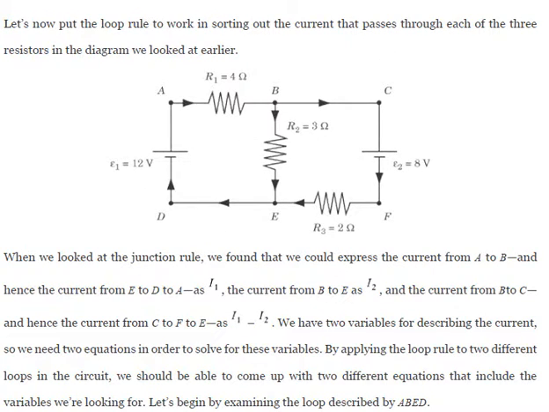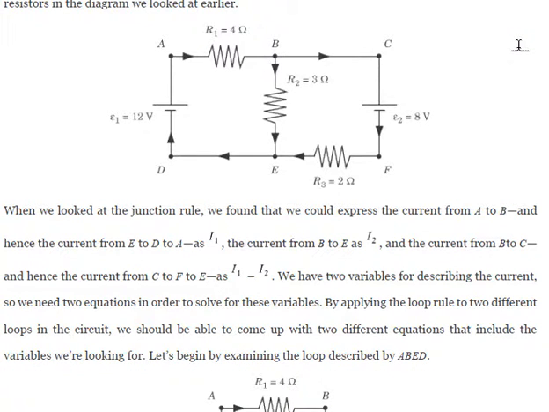Alright, so let's use that loop rule to start working out what current is going through each of these three different resistors. When we set up our junction rule, we looked at this A, B, C, and E here.